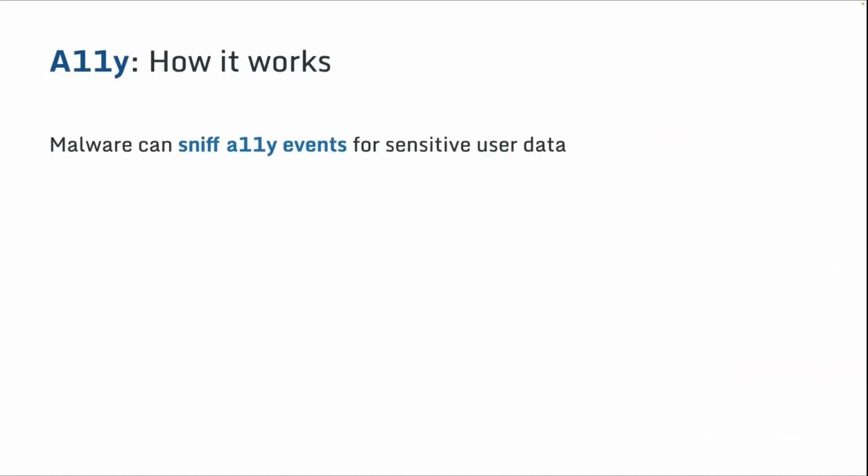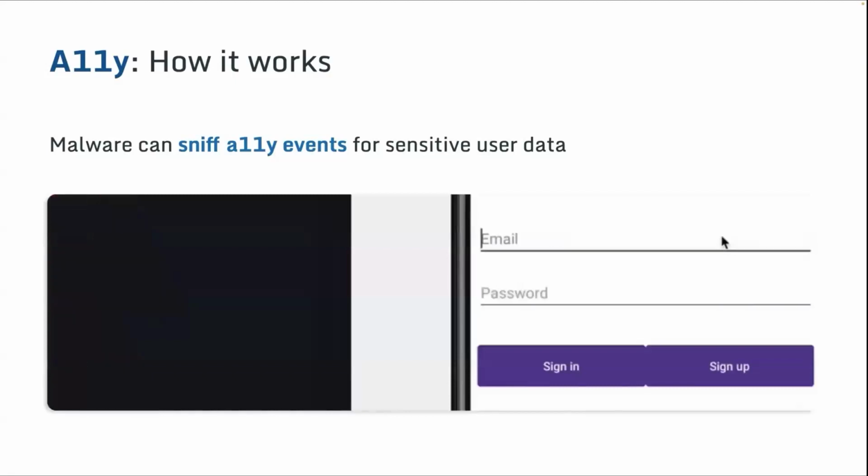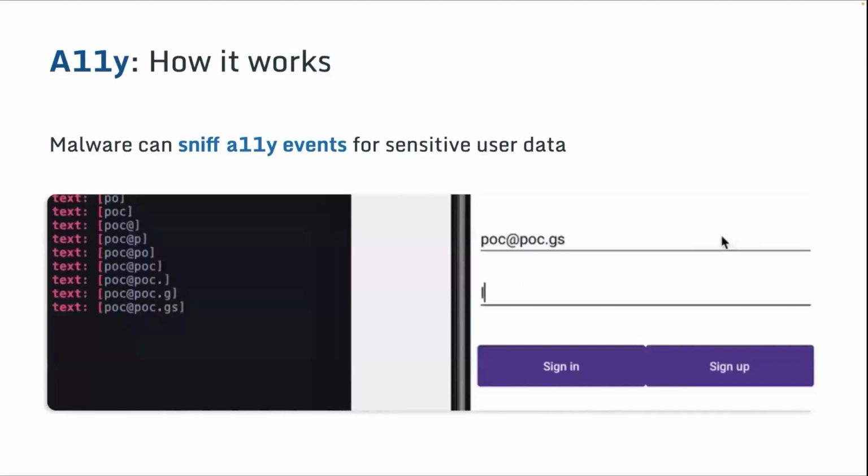So one possibility is to use keyloggers in order to get everything that the user is typing, including passwords or sensitive information like card payment data. Let's see here an example. We can see that the email or the password can be captured.